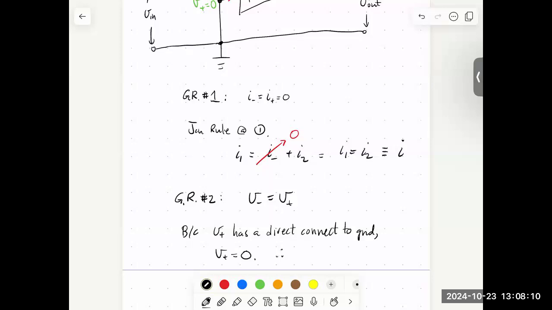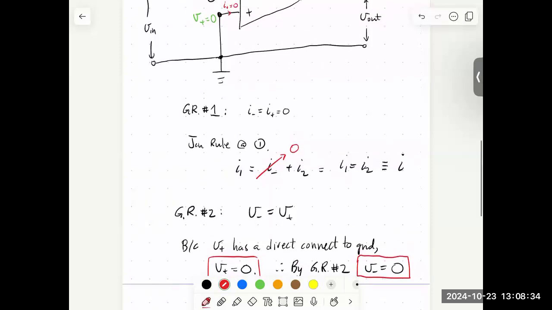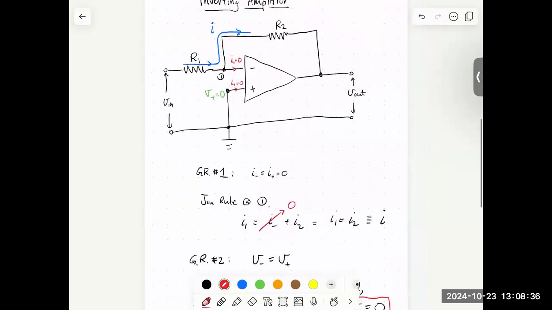And then, by golden rule number 2, it must also be the case that V minus is equal to 0. So it is true for this circuit that the voltages at the two inputs are both 0. Let's add that to our diagram here. I'm going to say V minus is also equal to 0, and that's the voltage right here at that node.